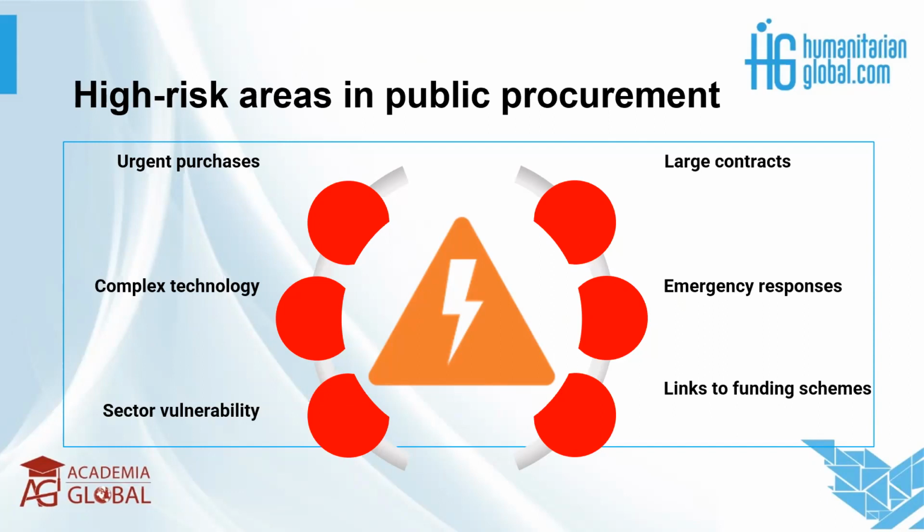The other one is when we are buying for complex technology. Complex technology in this case is things that only specific people in the industry are able to provide us. Then that means that there is a risk for corruption to happen. The other one is sector vulnerability. So for instance, there are sectors that have a high risk of corruption.